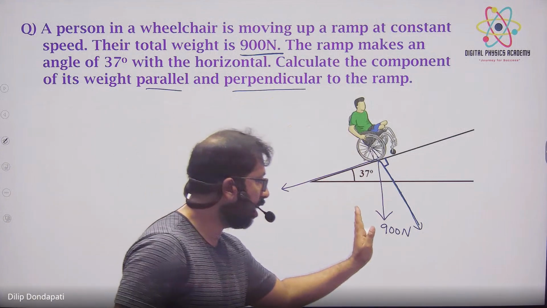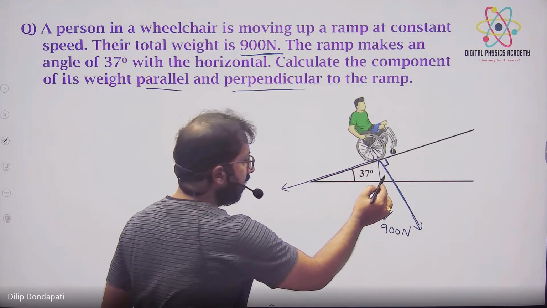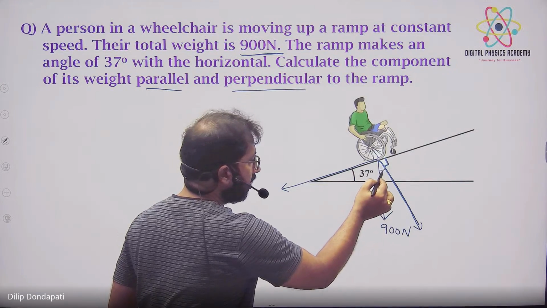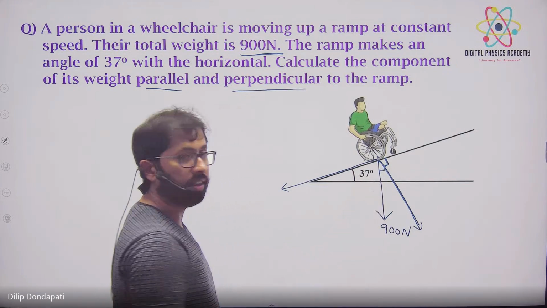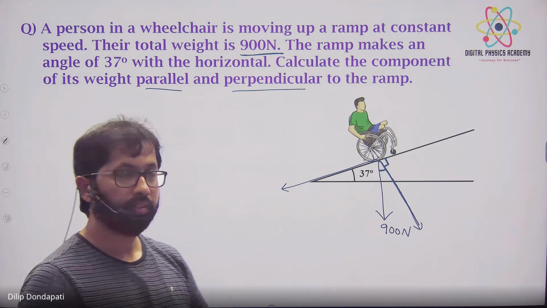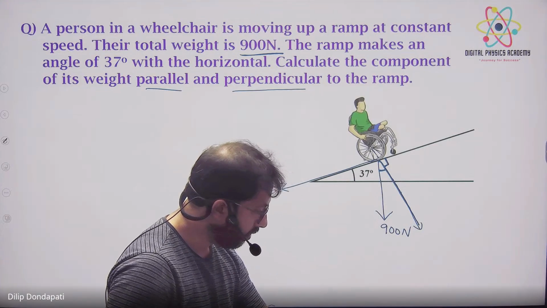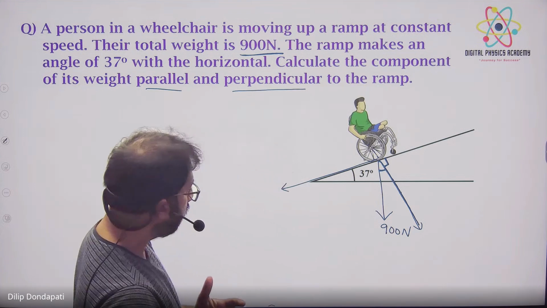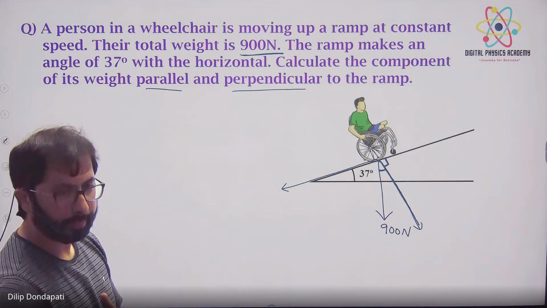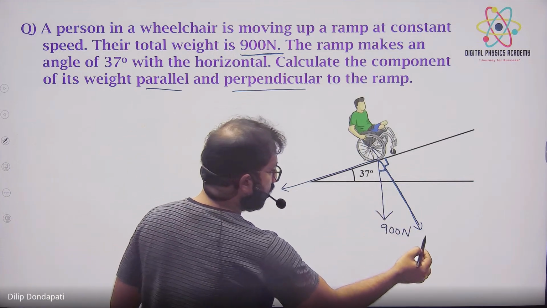I want the components of this weight, and for that I need theta. How do we find this theta? Use math and solve. Is it 53? Wrong. Which angle should I find? This angle. Yes, 37, that is good.